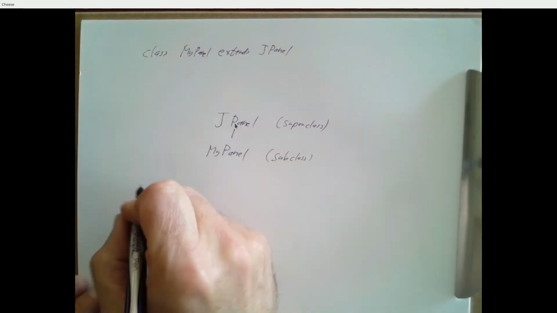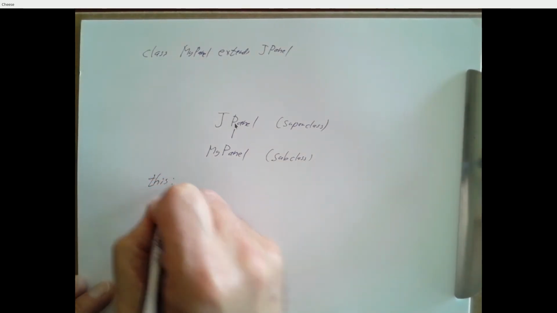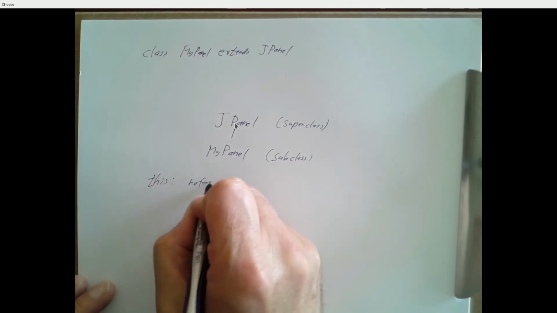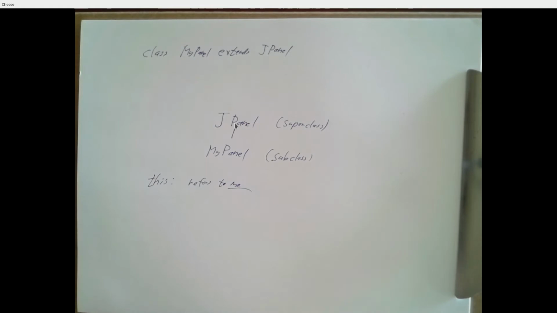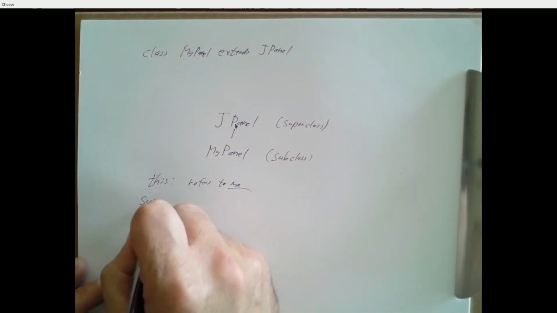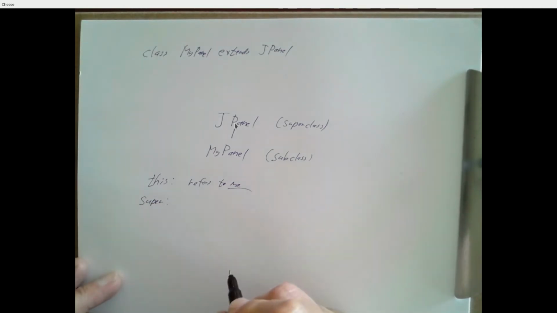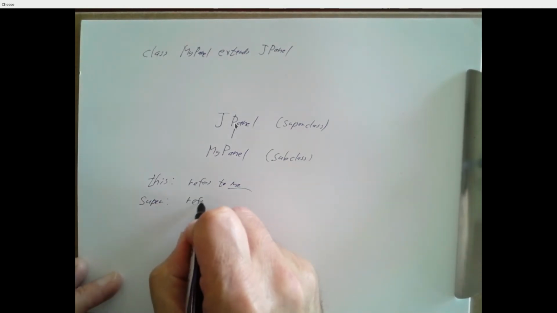Okay, so you know the keyword this, which basically refers to me. So an object can use the word this and it refers to that object. There's another keyword, which is super, which refers to the superclass.